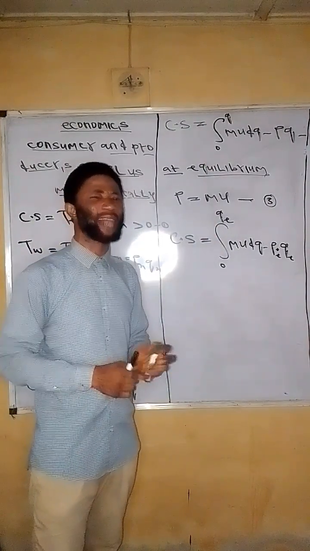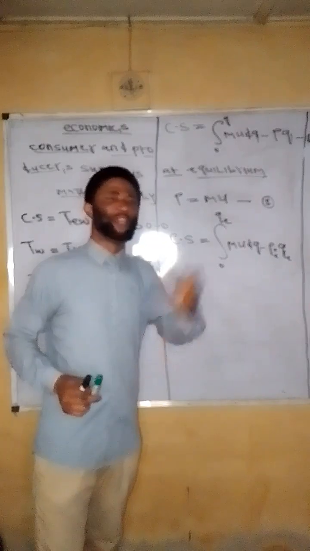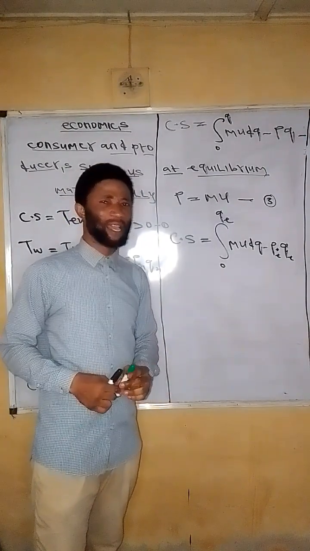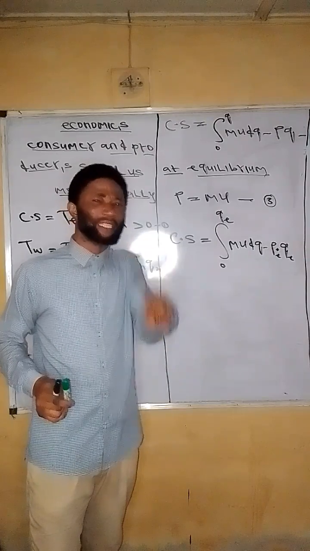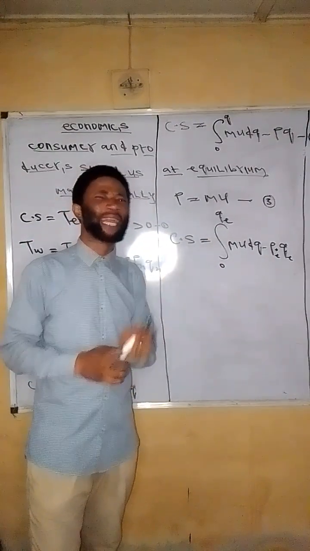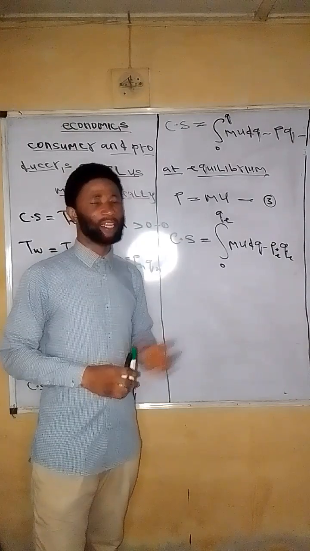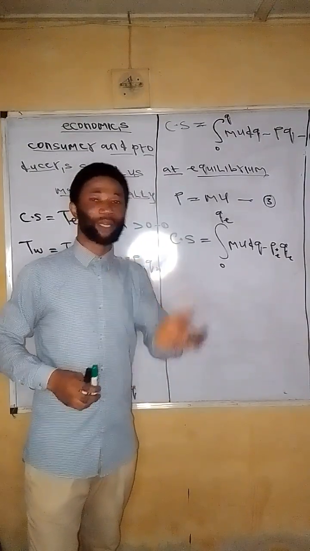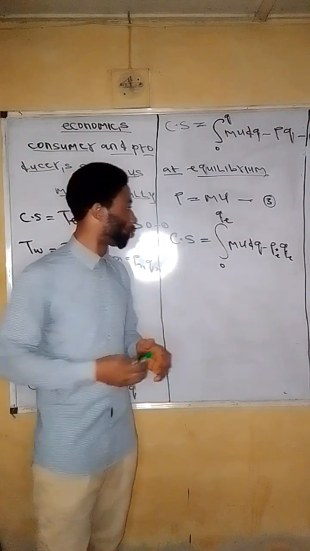Every other market has a way of reducing the consumer and the producer surplus. When the market is not perfectly competitive, anything that distorts the free working of demand and supply will create a loss in the market. This loss is technically called the deadweight loss. We are going to analyze that in our subsequent class.